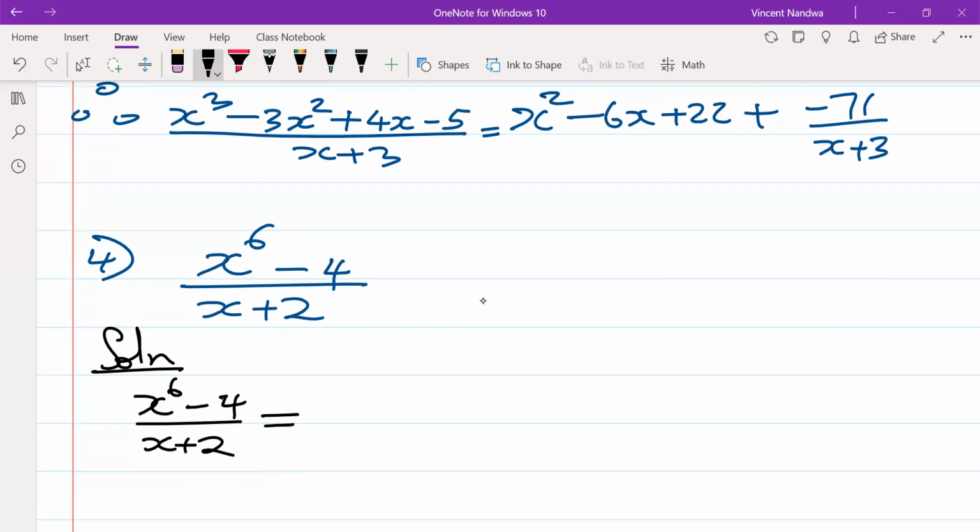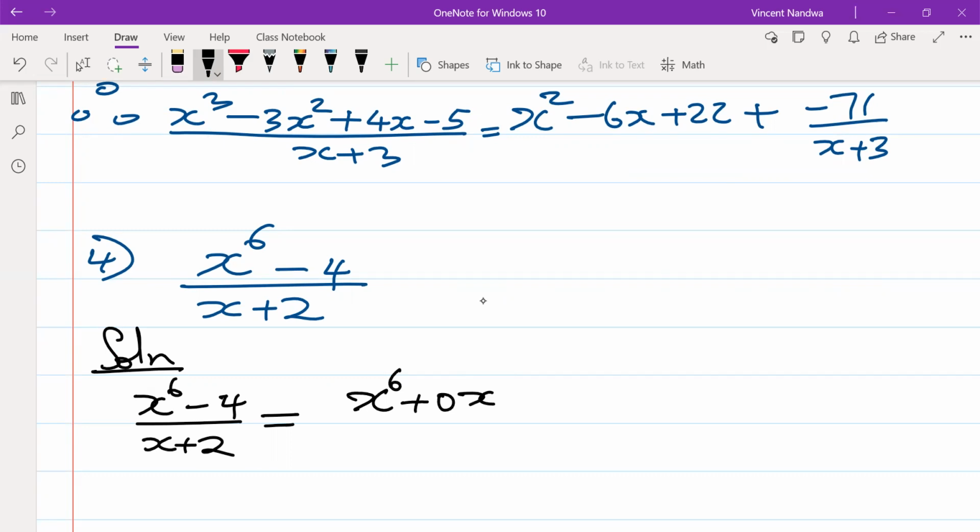I'll write x power 6 plus a0... I think it's x raised to power 0. No, remember, don't confuse yourself. What is the degree of the polynomial in the numerator?